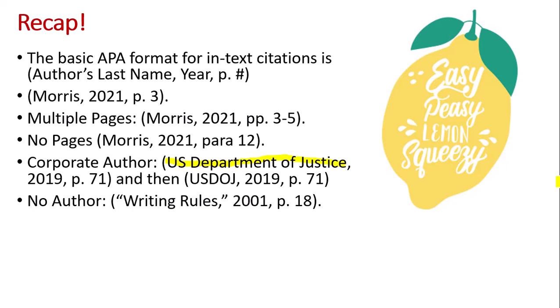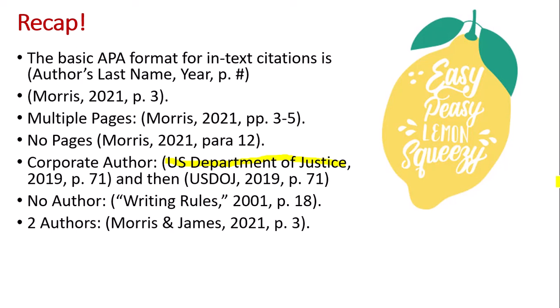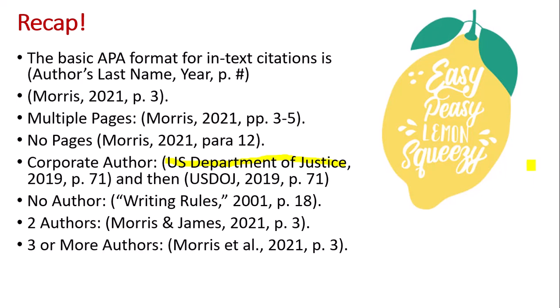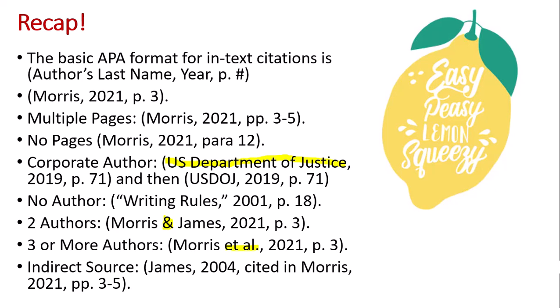If there's no author, you use the first few words of the article title, Writing Rules, 2001, page 18. For two authors, you use that little symbol for and in between, Morris and James, 2021, page 3. For three or more, you use et al, meaning and all the others or and all the rest. Then the year and then the page.